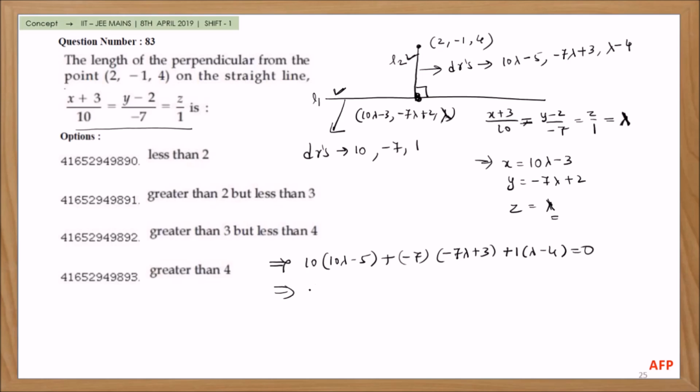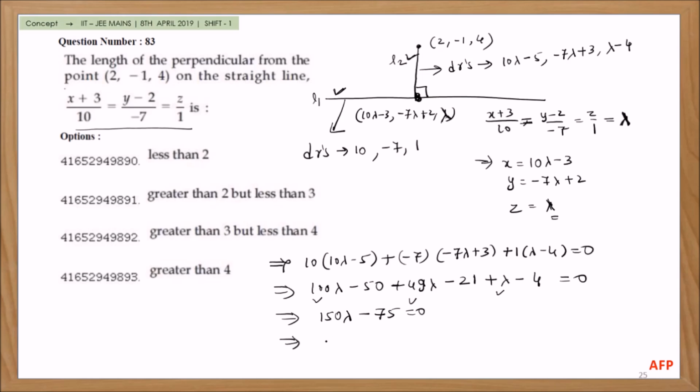If you simplify, 100 lambda minus 50 plus 49 lambda plus 21 plus lambda minus 4 is equal to 0. This implies 150 lambda minus 75 is equal to 0.